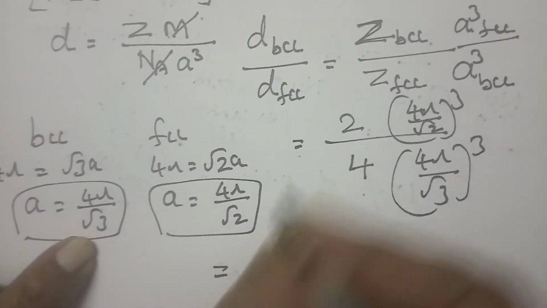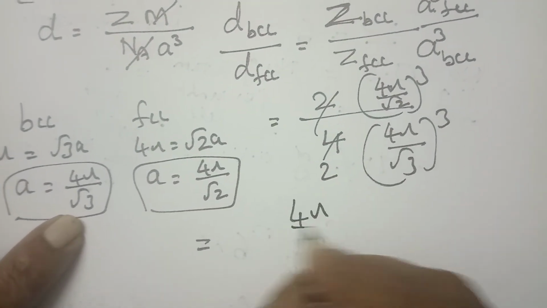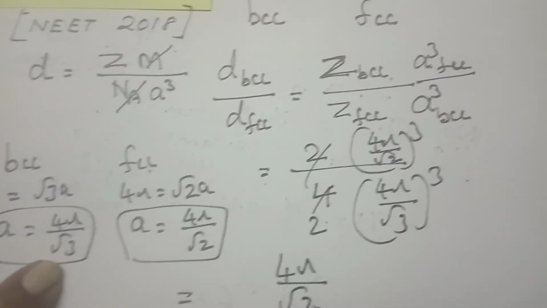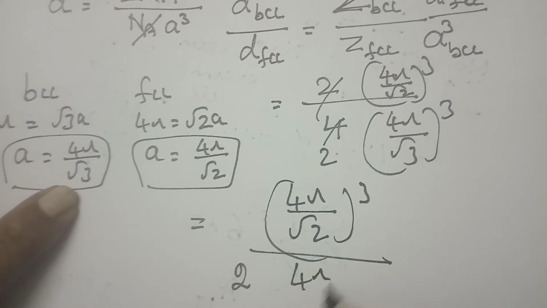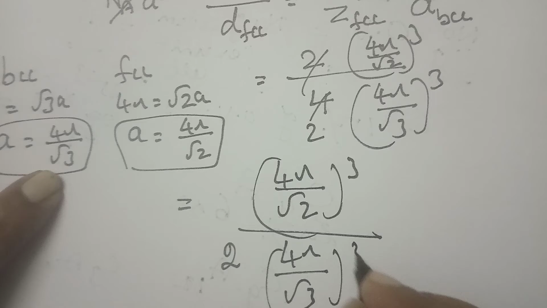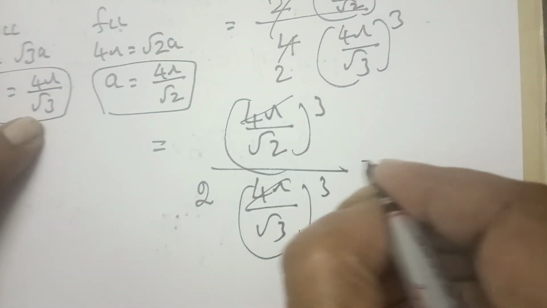Now let me rewrite it. For clarity, I am rewriting root 2, divided by 4r by root 3 the whole cube. Now 4r cube and 4r cube get cancelled.